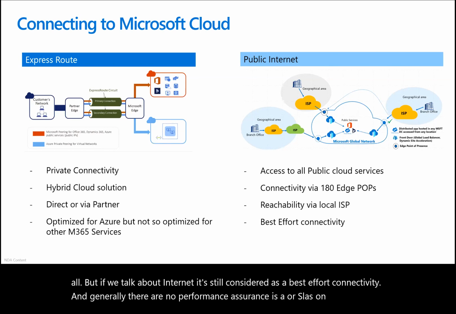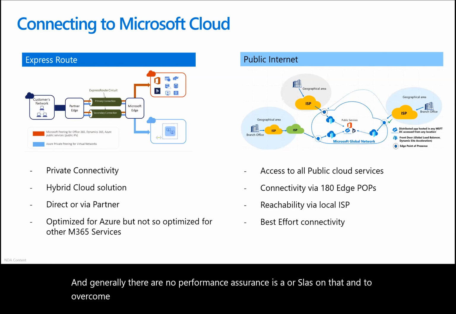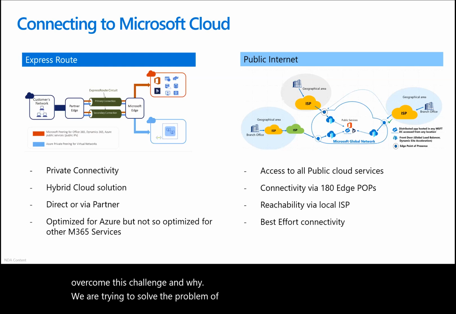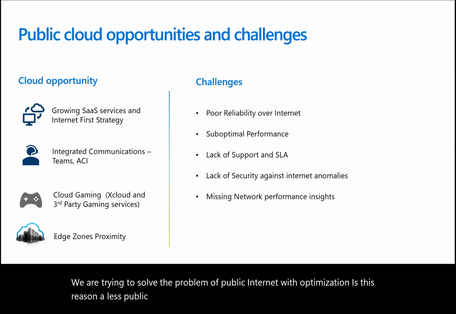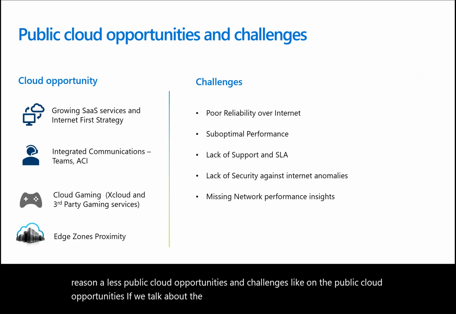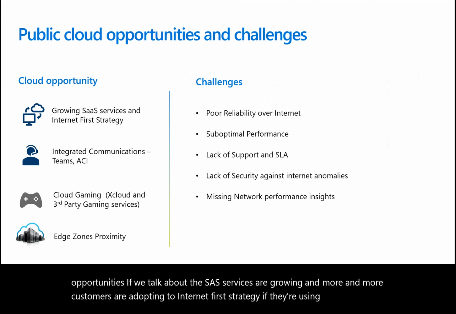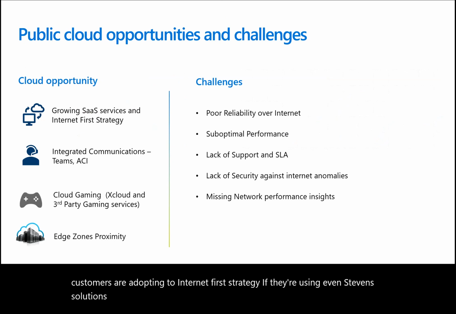And to overcome this challenge, this is why we are trying to solve the problem of public internet with optimization. There are public cloud opportunities and challenges. On the opportunities side, SaaS services are growing and more customers are adopting an internet-first strategy, even if they're using SD-WAN solutions, or the way our SaaS services are structured.